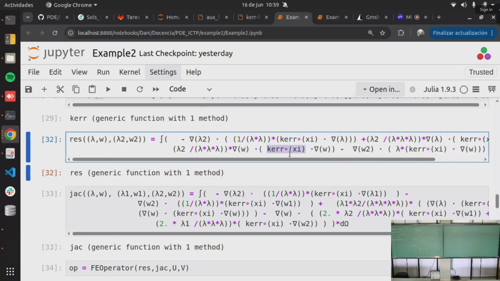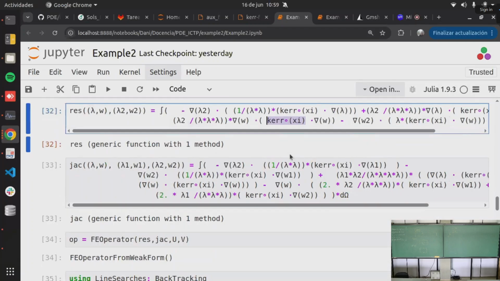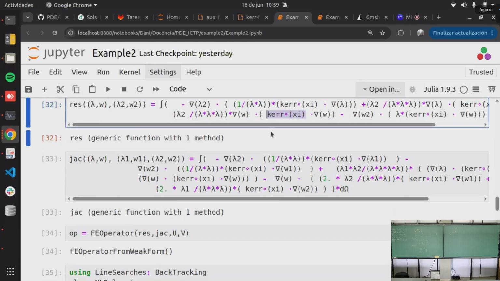Yeah, maybe. This code I made in 2021, so I have learned a lot since then. I can perform it before and improve the performance. It could be better because the residual and the Jacobian are calculated everything here.